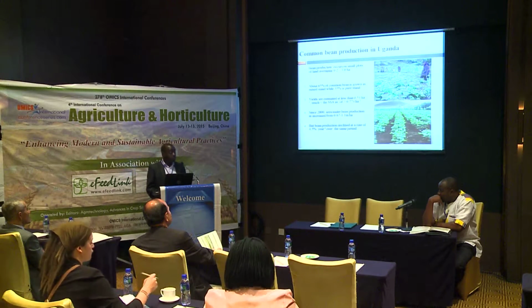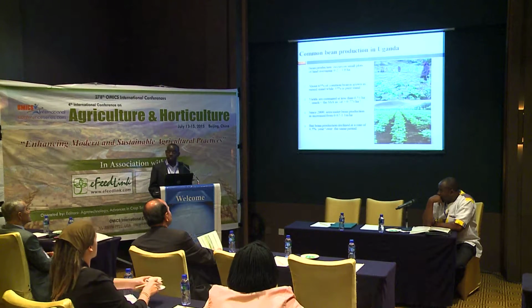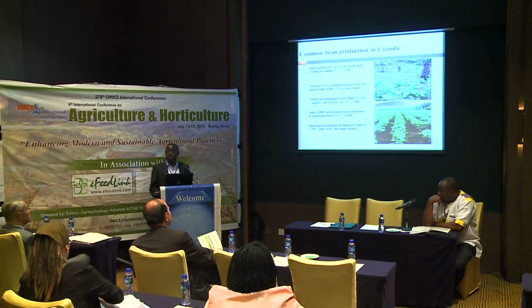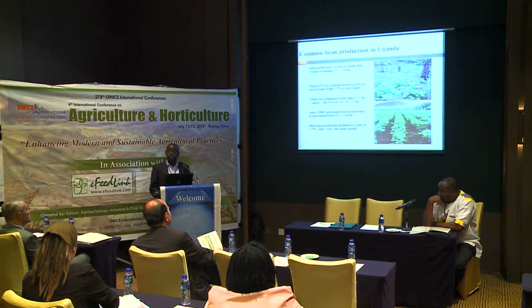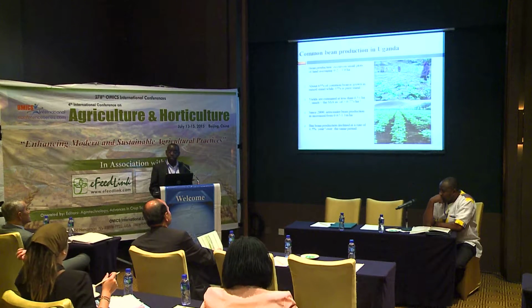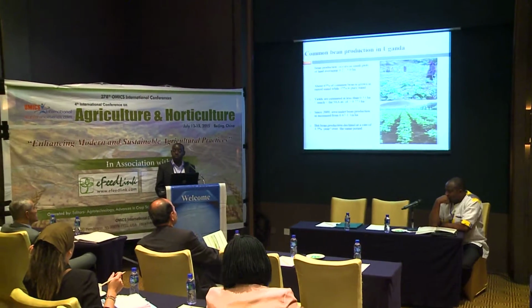In terms of yield, it is on average low compared to the regional production. The national average is around 0.5 tons per hectare. This is much lower compared to Sub-Saharan Africa, where the average yield is estimated at 0.77 tons per hectare.